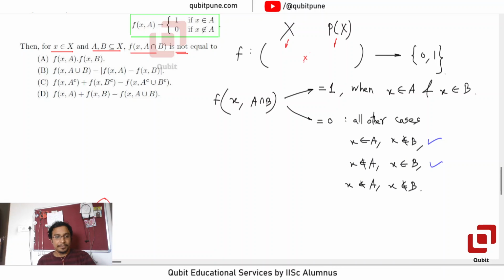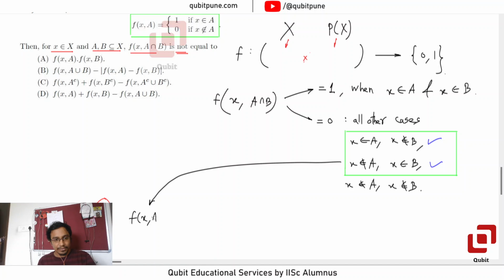Look. If we consider 2 possibilities out of 4, which 2 possibilities are we considering? This one. Suppose we consider these possibilities. This means f of x comma a, let's say it is 1, f of x comma b, suppose it is 0, then obviously f of x comma a intersection b will be 0, because if it is not in one, how will it be in the intersection?